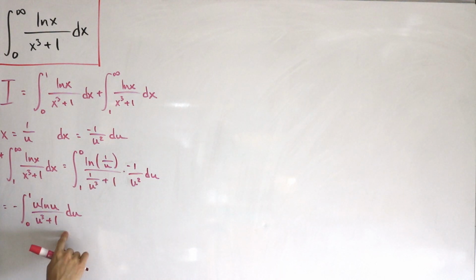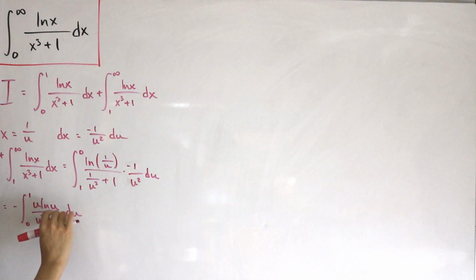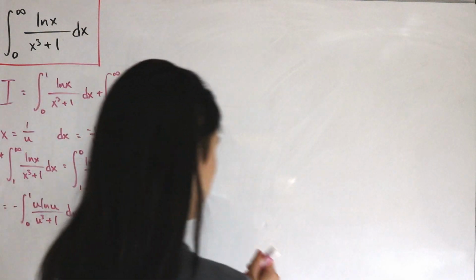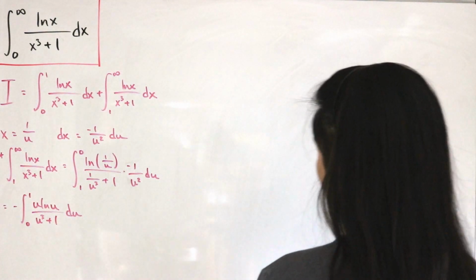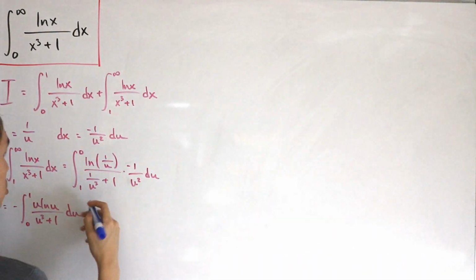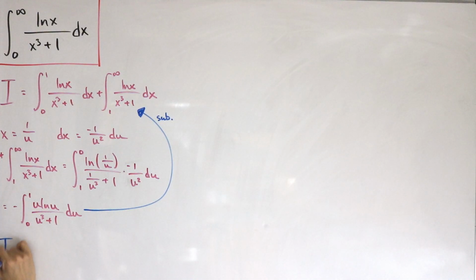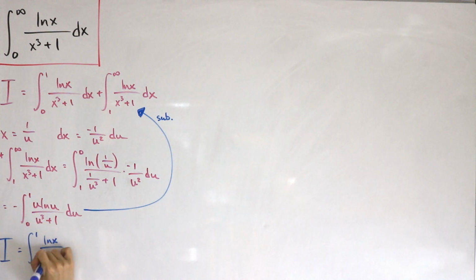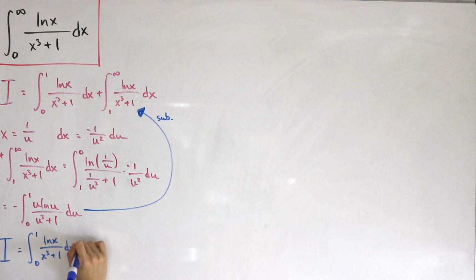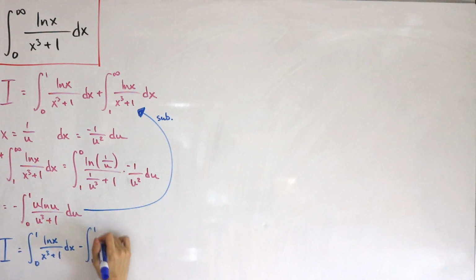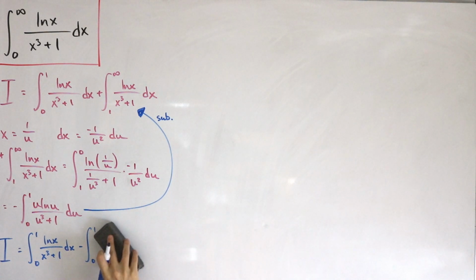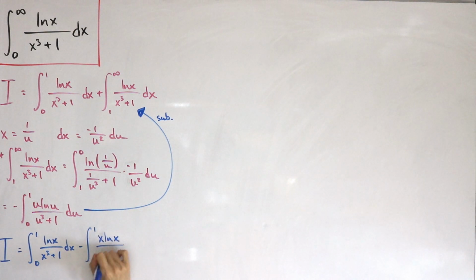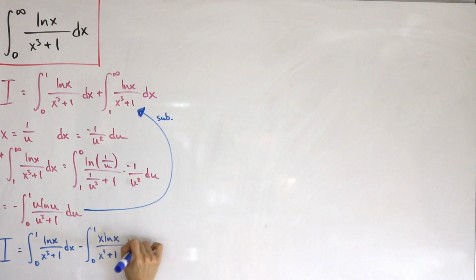Okay, so with this in mind, we can now substitute this back into here. These being dummy variables, we can switch around with them, so we can go back into the world of x. So that means our capital I so far is going to be the integral from 0 to 1 of ln of x divided by x cubed plus 1, dx, subtract the integral from 0 to 1 of x times ln of x divided by x cubed plus 1, dx.